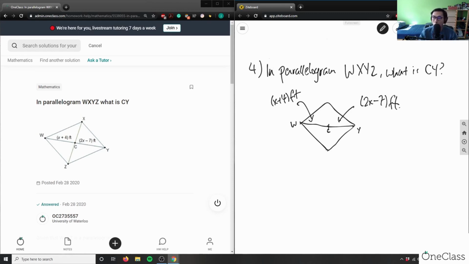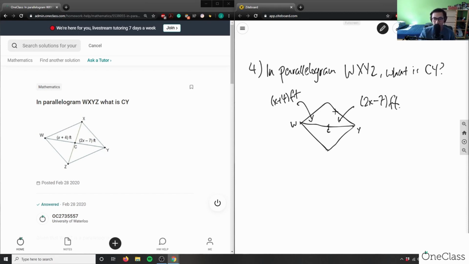Remember, you have to think about what defines a parallelogram in terms of lengths and angles. I'll give you a hint here. A parallelogram has opposite sides that are parallel, and it has angles which are not right angles.